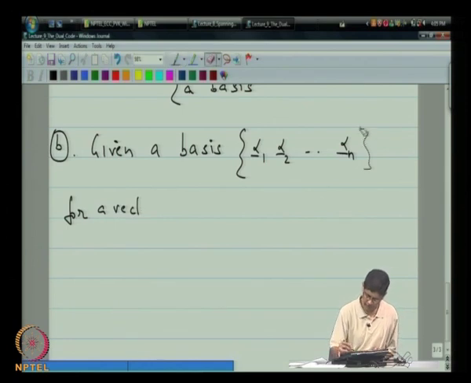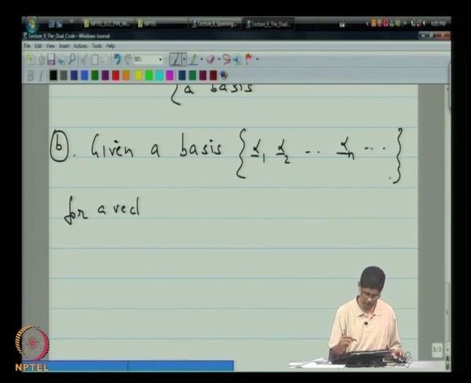Actually, let me make this a little bit more general. I will allow the vector space to have an infinite basis.